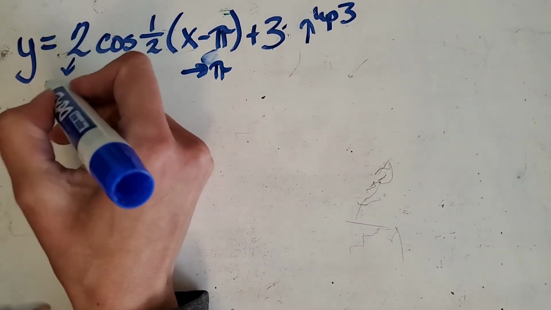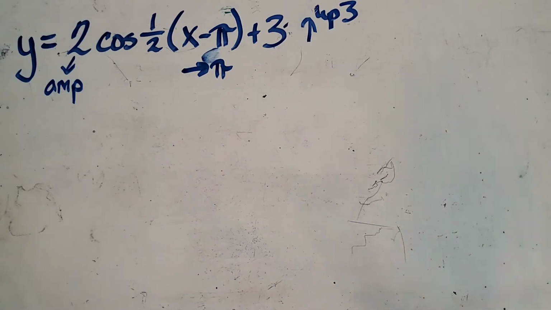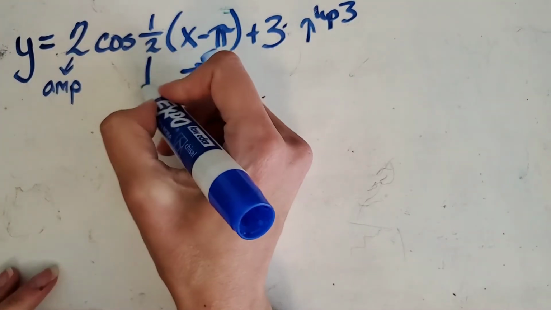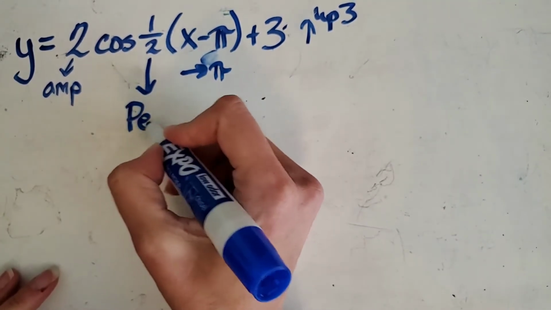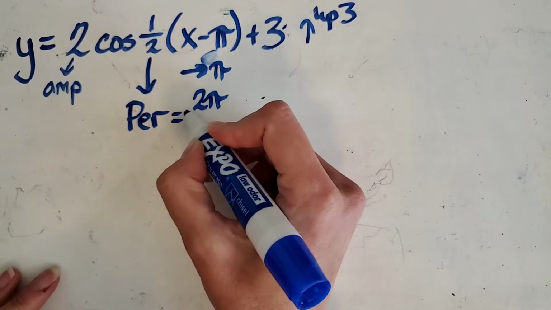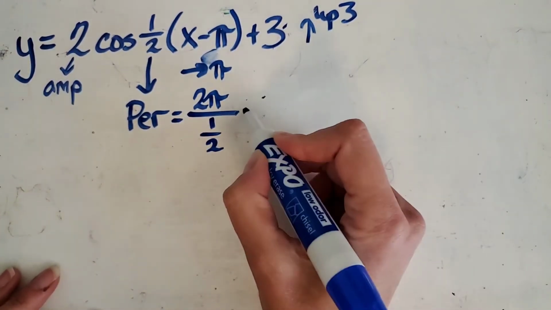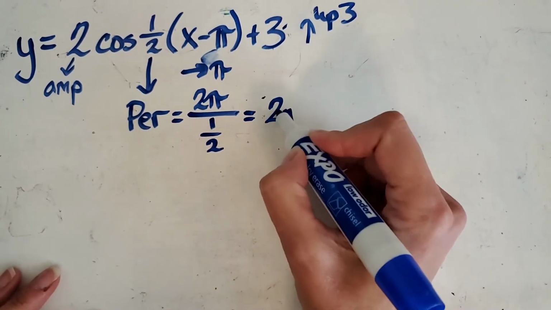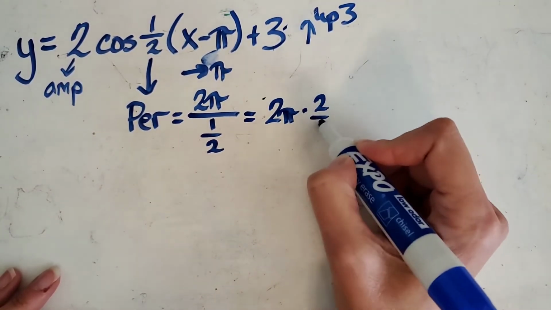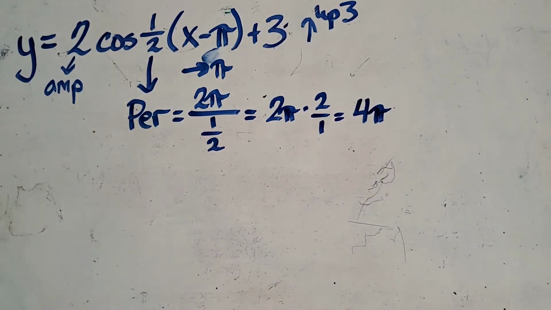This is my amplitude. And then for the period, I need to do a little calculation. So the period will be 2 pi divided by 1/2. And remember that is like multiplying by the reciprocal. So the period length will be 4 pi.